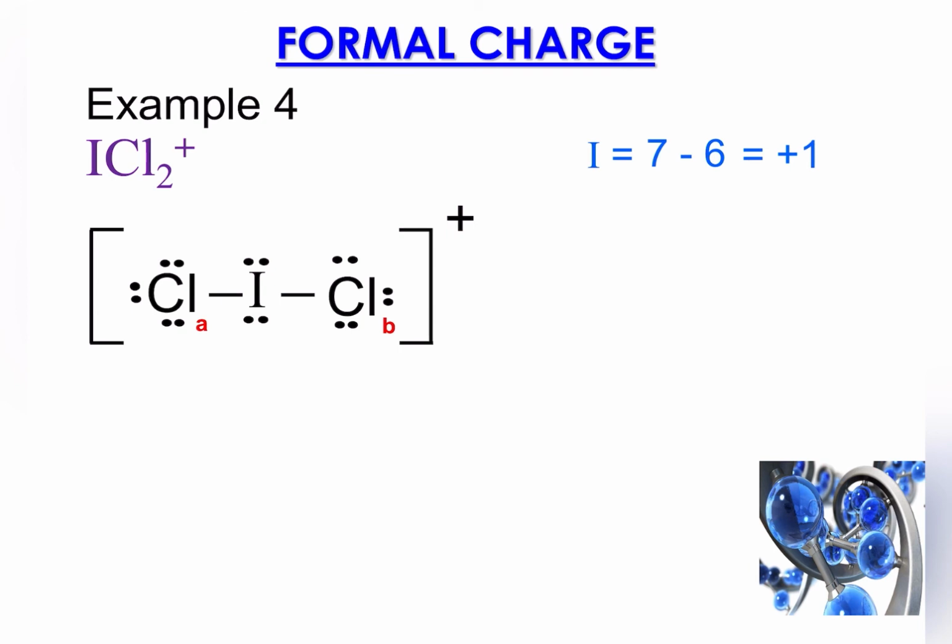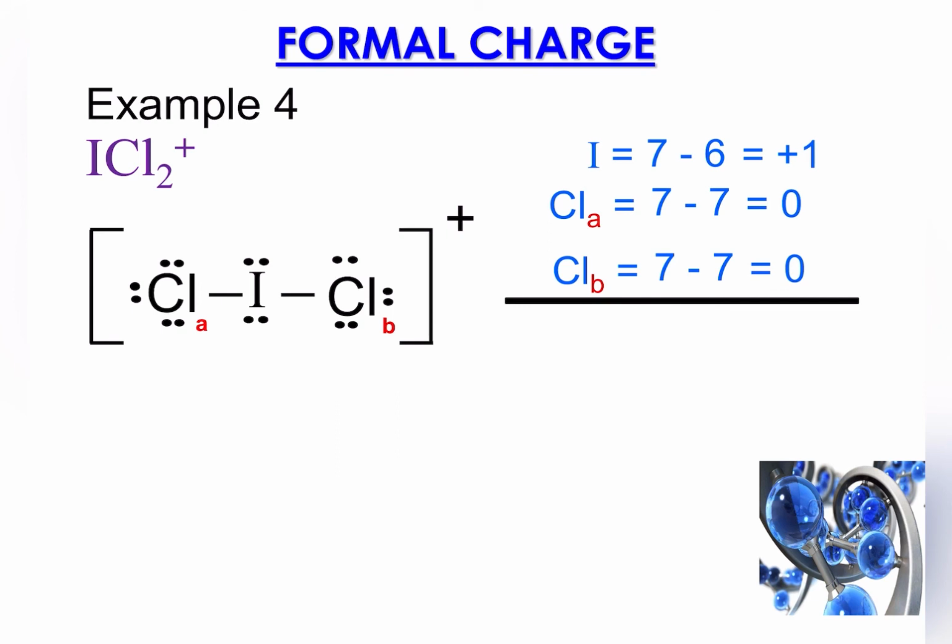The next one for Cla, I got 7 valence electrons for chlorine minus 7 items around it, I will have 0. And the same goes for Clb, which is 7 minus 7, we will have 0 for the formal charge of chlorine atom B. And now, total up all the formal charges, we will have positive 1 as our total formal charge.